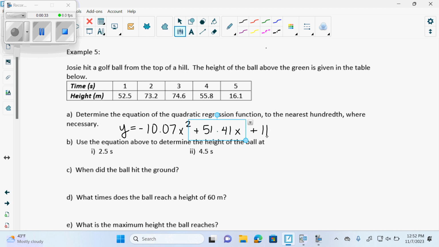Now if we type this into our y equals, are any of our answers going to be correct? No, we can't type in the rounded decimal.